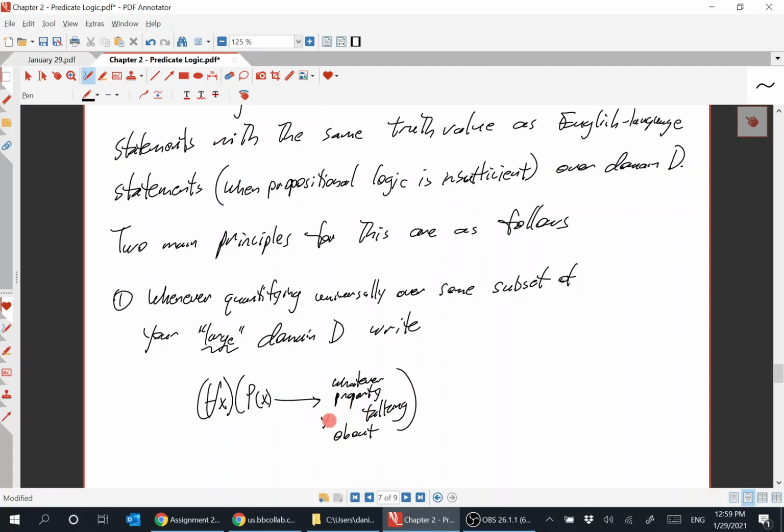And in this, P of x identifies the subset you're talking about.